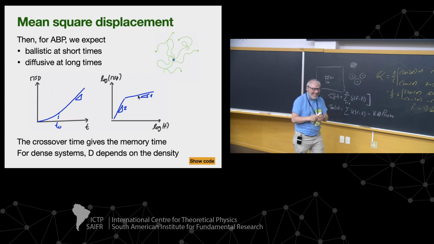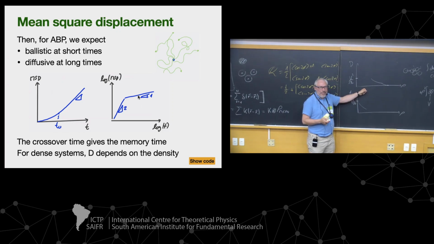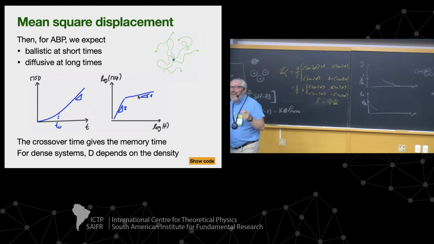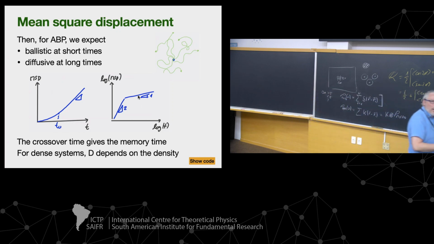The effective diffusivity as a function of persistence time increases first, and then it decreases because of clusters, right? But that changes the density, not the persistence time. It can be negative if you start with a homogeneous state, because the homogeneous state is unstable.